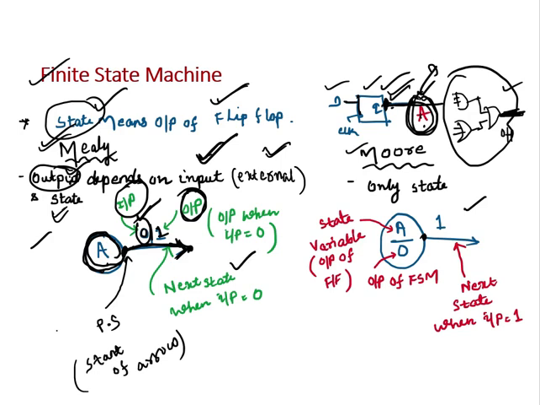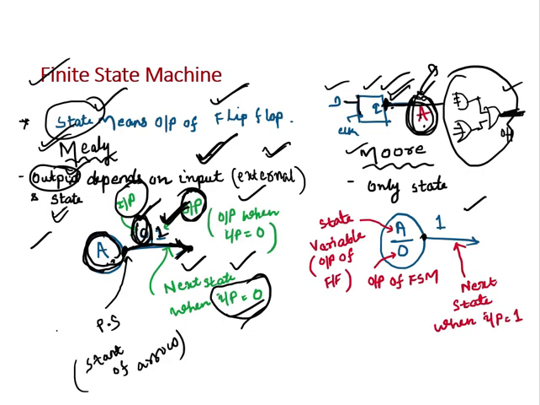It will move to the next state when input equals 0, and at that time the output of the FSM will be 1. So when it is in some present state, it will move to the next state when input comes, and it will give an output.